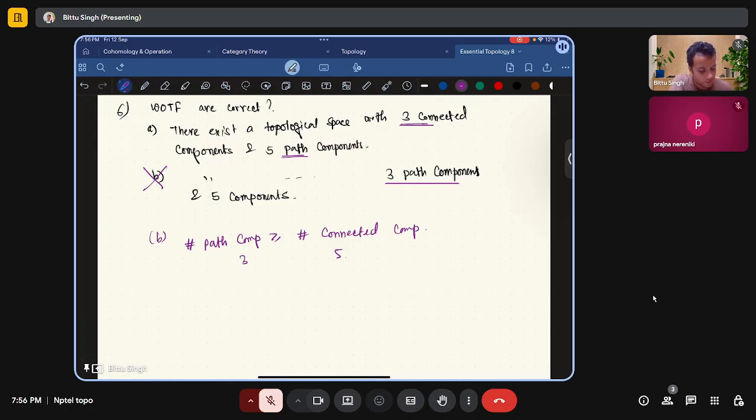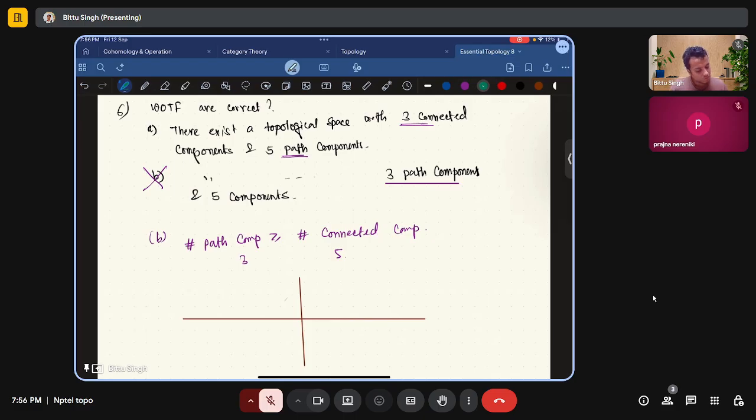Can we create a topological space which has this property, 3 connected components and 5 path components? The answer is yes. Just use that topological sine curve.